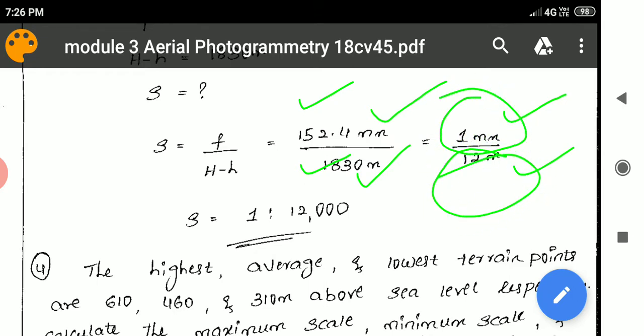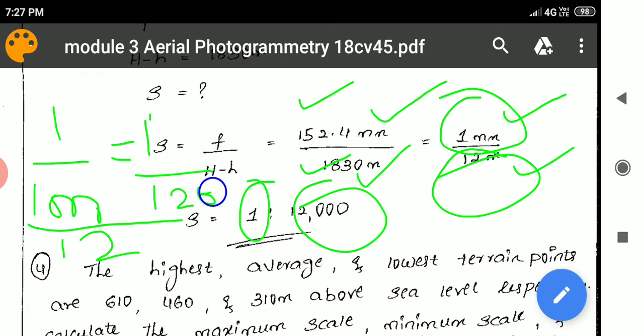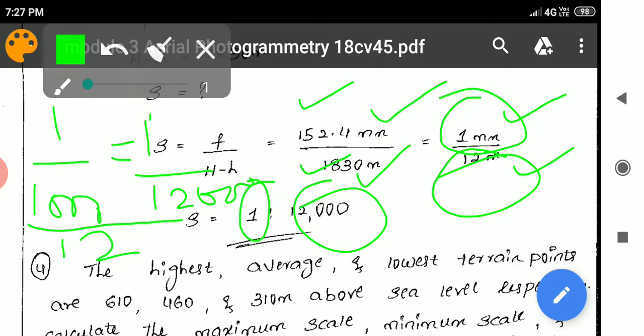So scale is 1:12,000. See here, it is converted. See here, I will solve it like this: 1 divided by 1000, it is converted into meter, then the whole divided by 12 meter, no? So it is, after simplification, 1 divided by 12,000 mm. Okay, this is nothing but the scale.